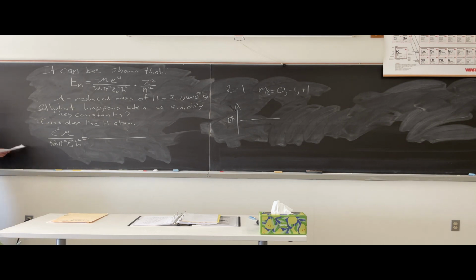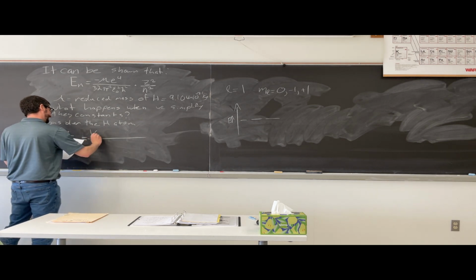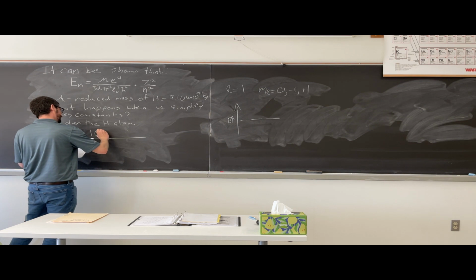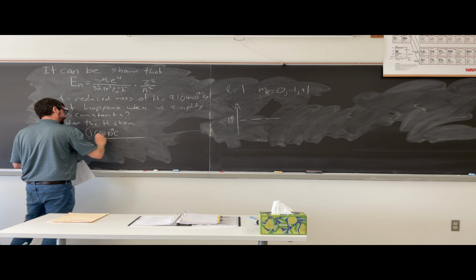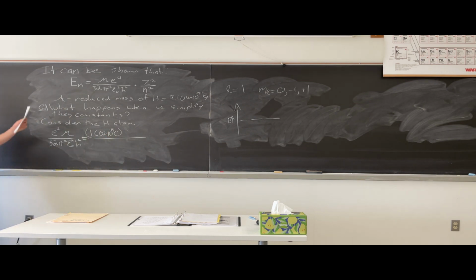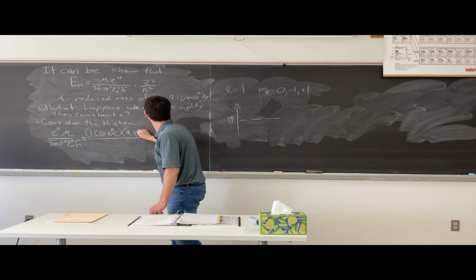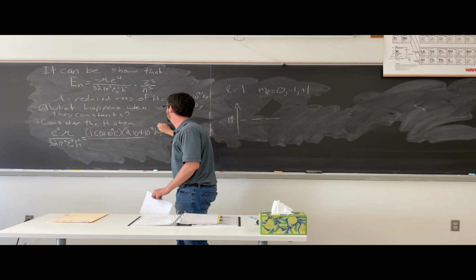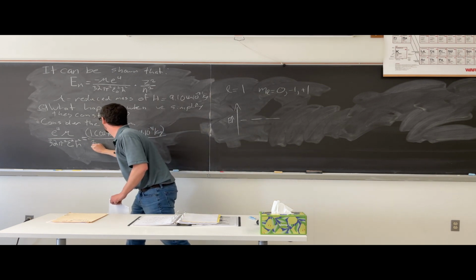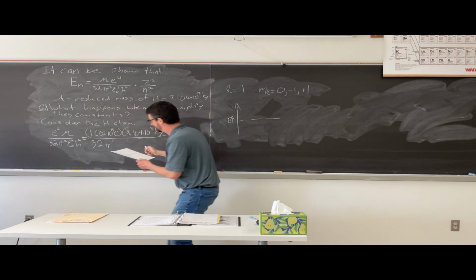Anybody remember what the charge of the electron is in coulombs? Okay, mu, I gave you mu. Then we just got 32 pi squared epsilon naught.